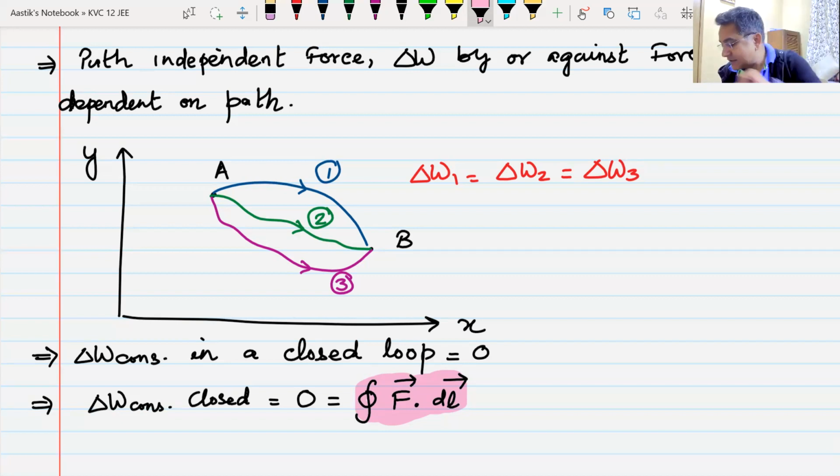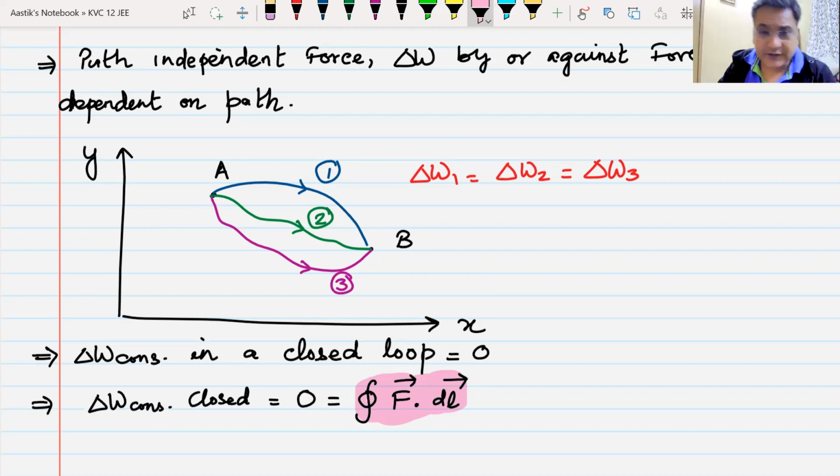Okay, we will understand the difference. So the work done by this force in a closed loop is going to be zero. Now, when I talk about conservative forces, three forces should come into your head. What are the three forces?